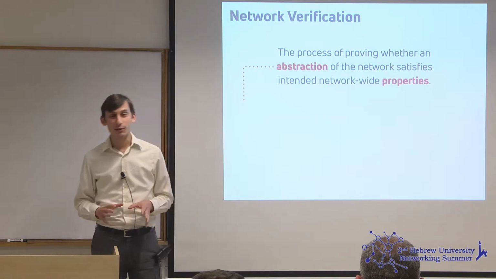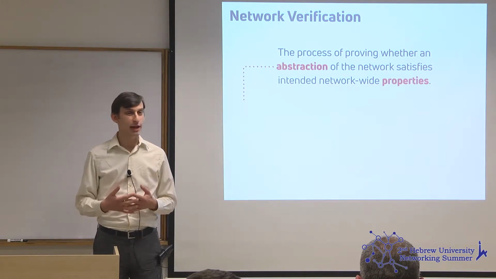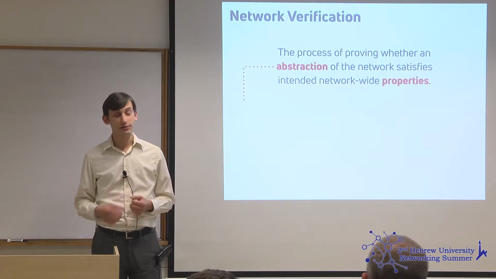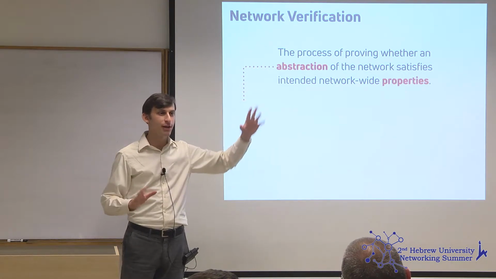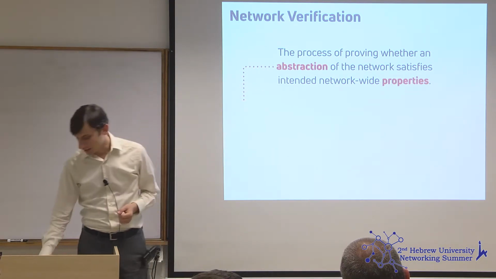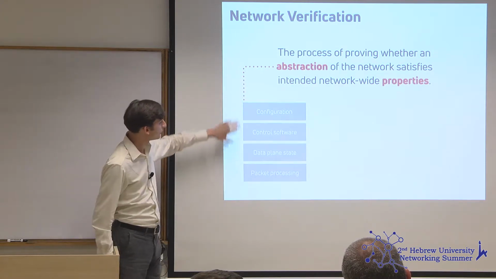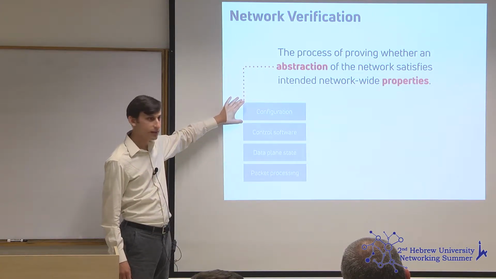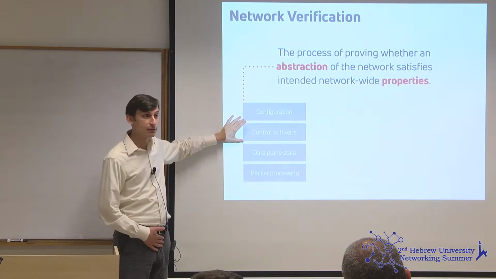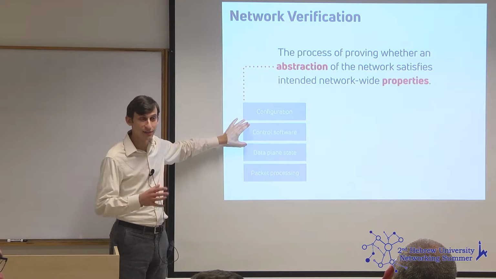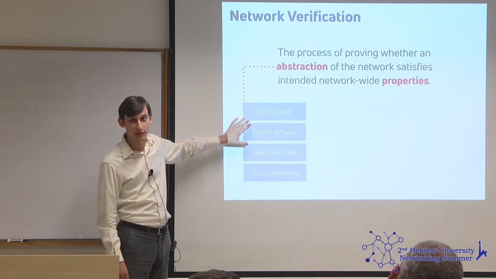Now in a network, we've got to choose what level of abstraction we want to use for network verification. I showed you that picture of this big complex network and all those interacting elements. We can boil that down to a stack. There's a human written configuration that gets sent to control software that runs distributed routing protocols or runs an SDN controller. Even in SDN, you're going to have some level of human configuration.